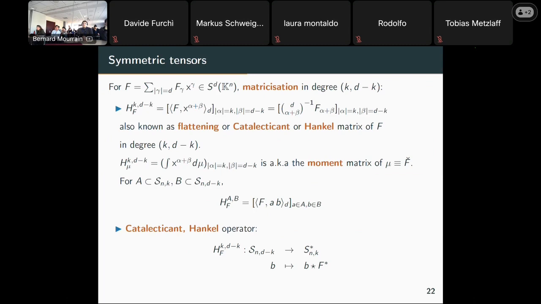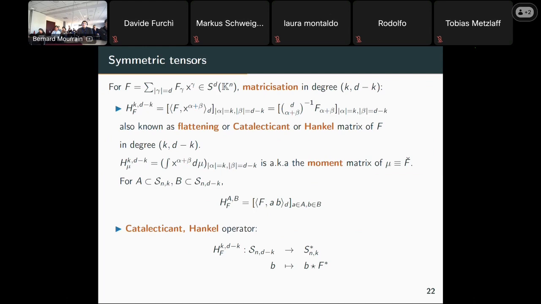So you remember, here we have a form of degree D, and we look at the matricization in degree K, D minus K. So what we take is this catalecticant matrix of F with monomials of degree D, which are the product of monomials of degree K with monomials of degree D minus K. So we take all the apolar products of F with these monomials.